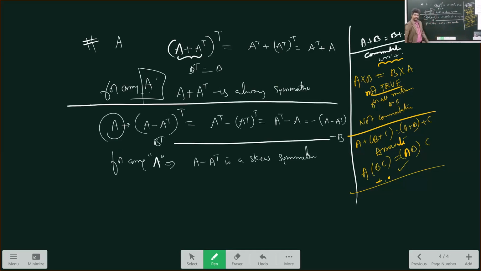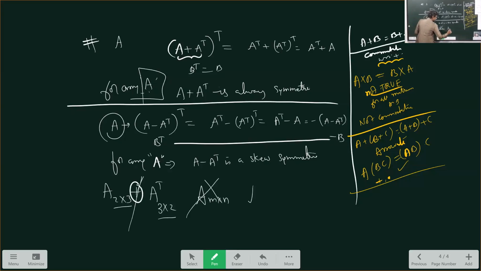All the time. And again please remember, suppose A is taken to be a 2 cross 3 matrix. Now what happens to A transpose? It is a 3 cross 2 matrix. Is addition possible? No, because addition is possible only if they have the same order. So that is why we are taking A not as a general M cross N matrix, but as a general N cross N matrix.